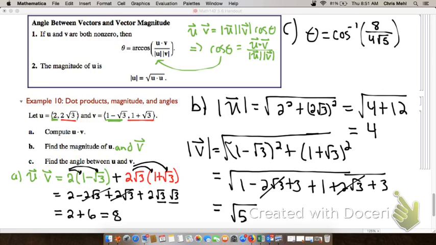Make sure you're in degree mode. And I get that theta is approximately 26.57 degrees. Okay, so that would be the angle between those two vectors.